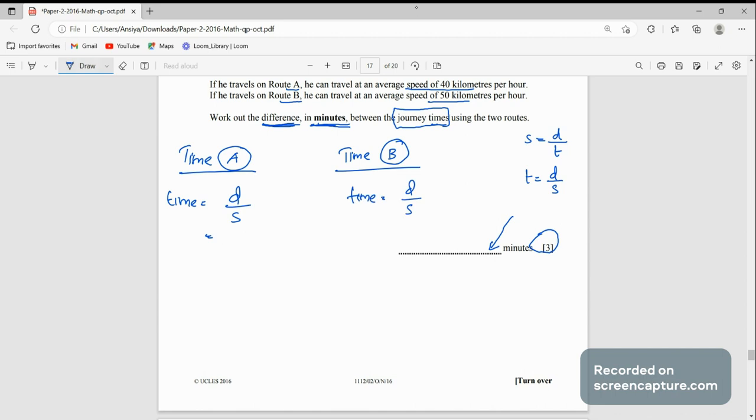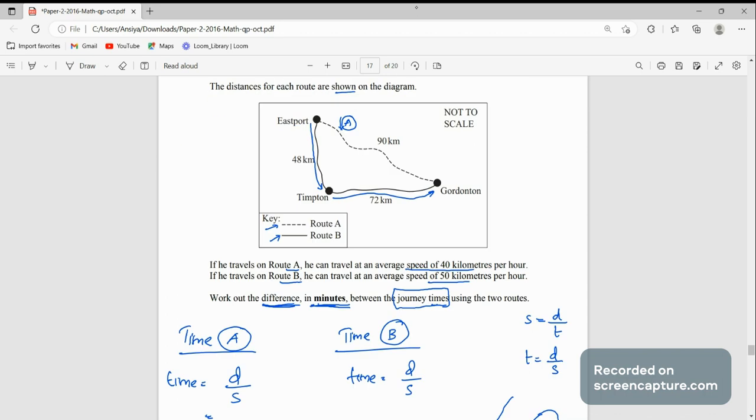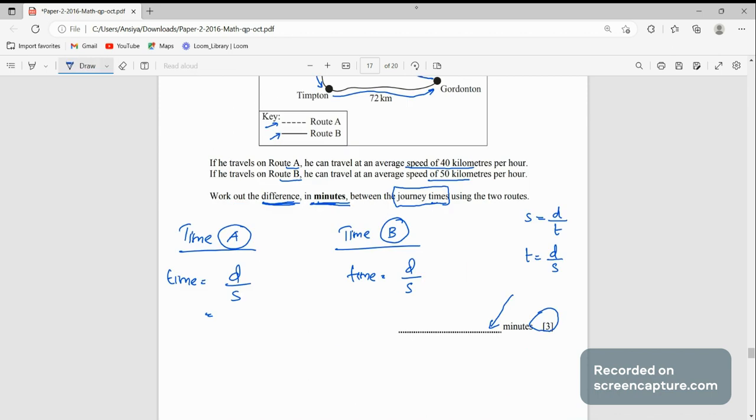Now we will look at route A. What is the distance? It's given in the diagram. The distance is 90 kilometers if we choose route A. So distance is ready, 90 divided by the speed. The speed is 40. So distance by speed, 90 by 40. What is that?